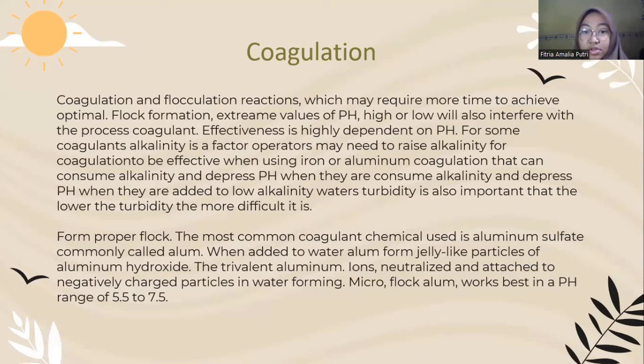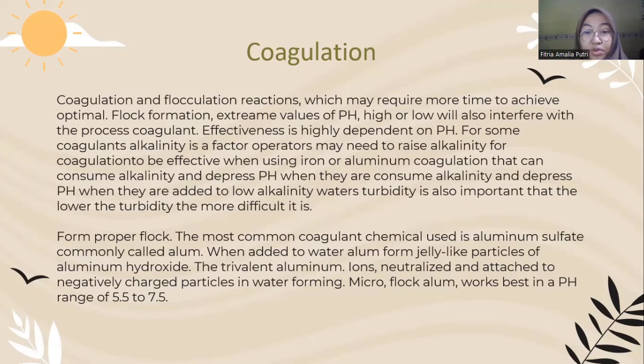Iron or aluminum coagulants can consume alkalinity and depress pH when they are added to a low alkalinity water. Turbidity is also important: the lower the turbidity, the more difficult it is to form proper floc. The most common coagulant chemical used is aluminum sulfate, commonly called alum.